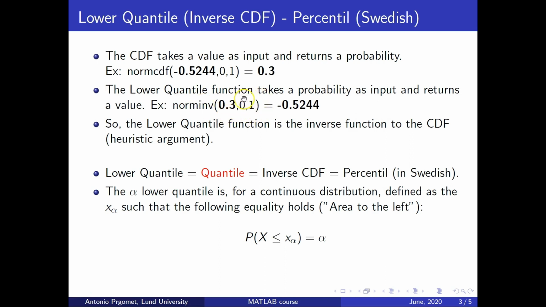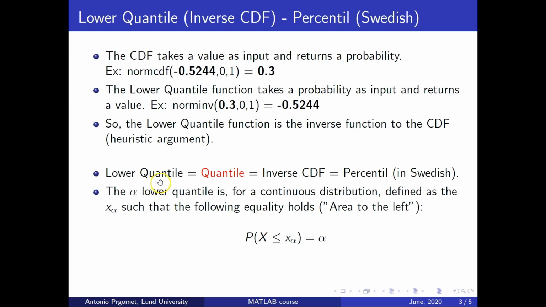For the standard normal distribution, the lower quantile function, evaluated at 0.3, is equal to minus 0.5244. So by looking at these two examples, we see that the CDF and lower quantile do the opposite thing. So we have made it somewhat plausible that the lower quantile function is the inverse to the CDF.